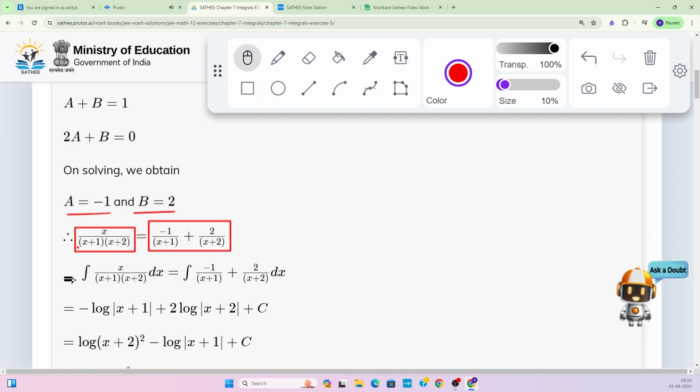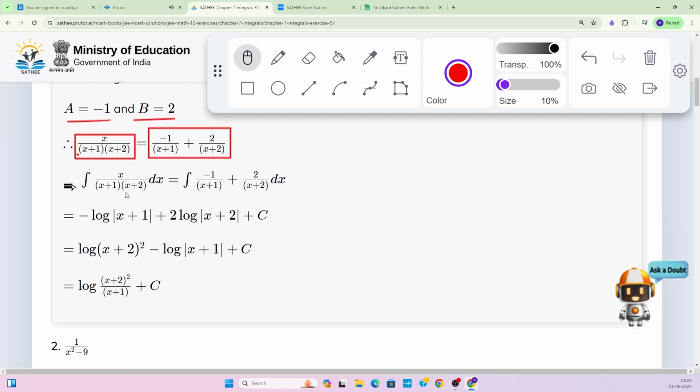So this will be the integration of minus 1 by (x plus 1) plus 2 by (x plus 2). Now separate them, and you know the direct integrals for them. You will have minus log modulus of (x plus 1) plus 2 log modulus of (x plus 2) plus some constant.